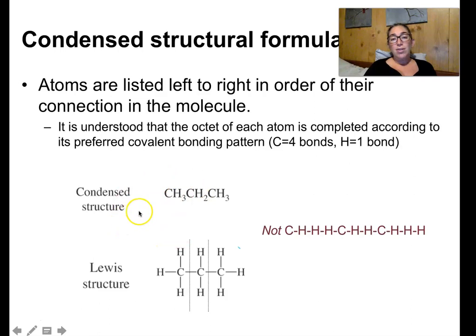So we know that even though it's written CH3, CH2, CH3, those connections are between the carbons. These 3 carbons are actually connected together as the spine, and those hydrogens are around the periphery. Not like this, not C, H, H, H, all in a row. Okay, so it does require you to have that understanding of chemical bonding. But I like to imagine it as chunking up the molecule.